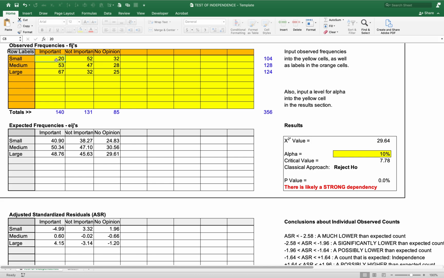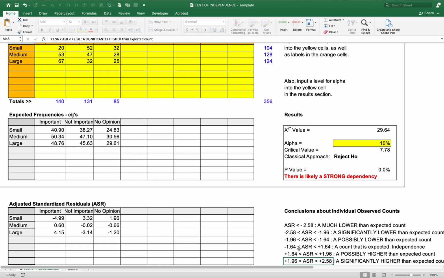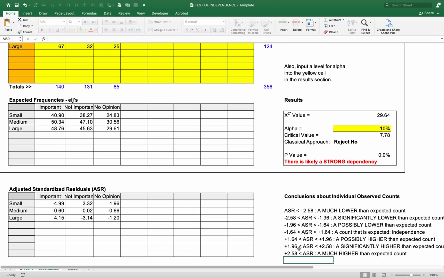And then we can come across here for small, and this 3.32 is really high, actually. So that's got a very high adjusted standardized residual here. It's greater than plus 2.58. So that means that this is really high.